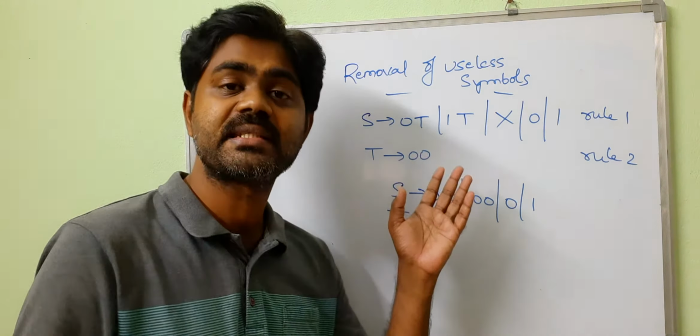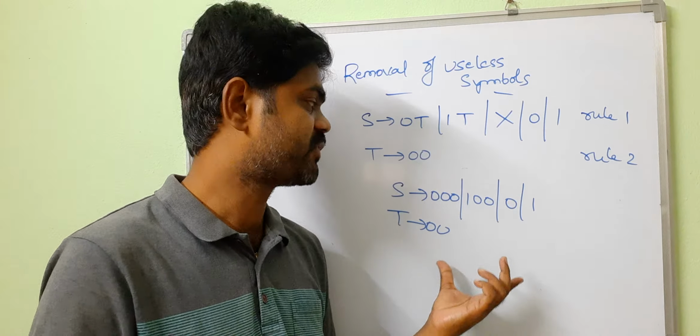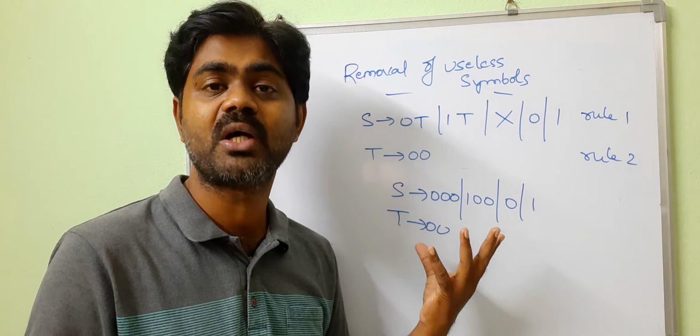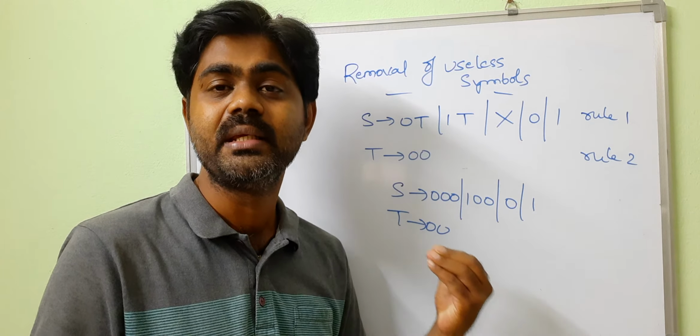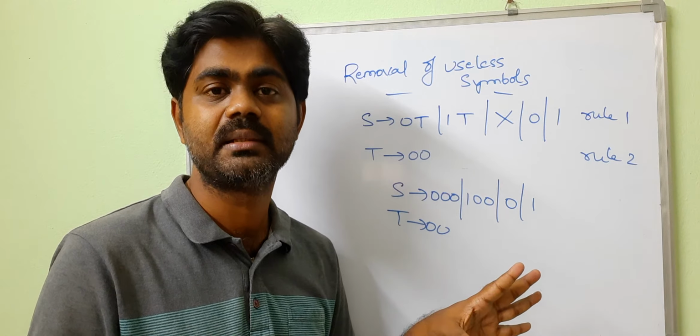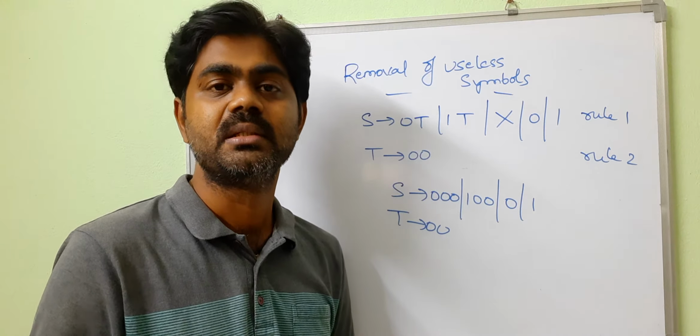And we have removed S tends to capital X. Okay. So this is the final grammar without any useless symbol. So this is the method of removal of useless symbols.